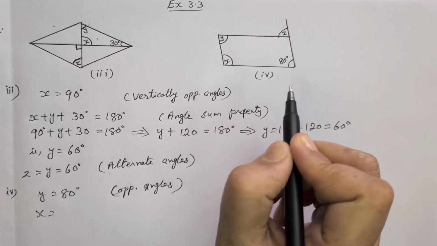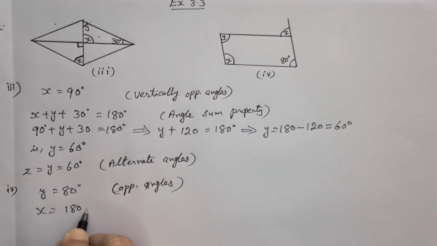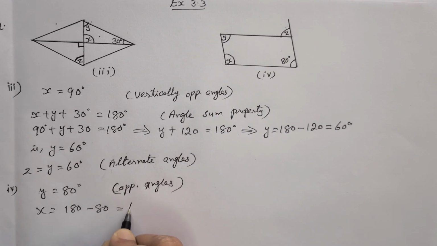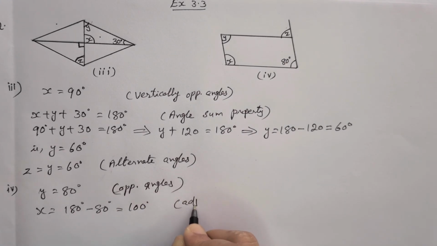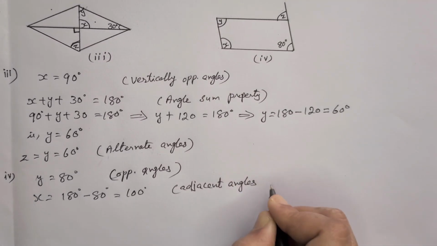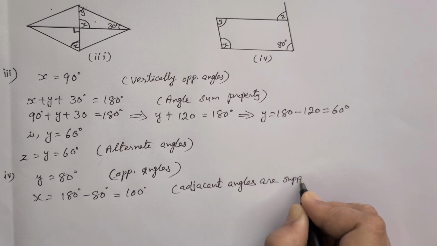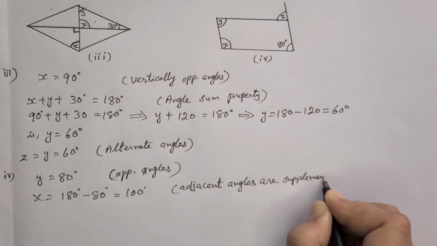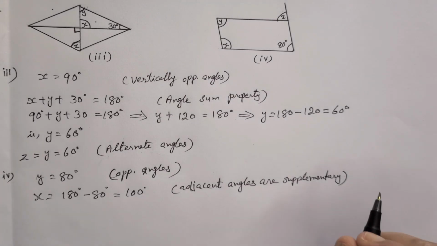So these angles are supplementary. So we can write X is equal to 180 minus 80. That means 100 degree. Adjacent angles are supplementary.